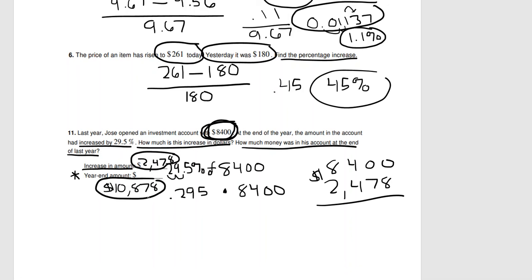Okay, so remember, for these ones, you are going to find the percentage first, and then you are going to either increase or decrease that from your starting amount, and that will give you your year-end amount.